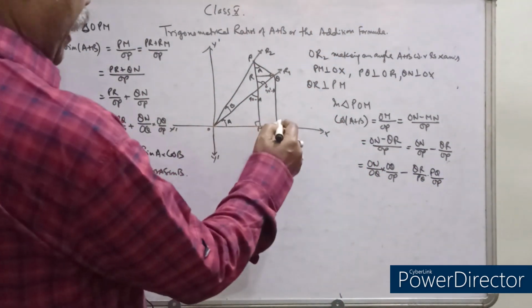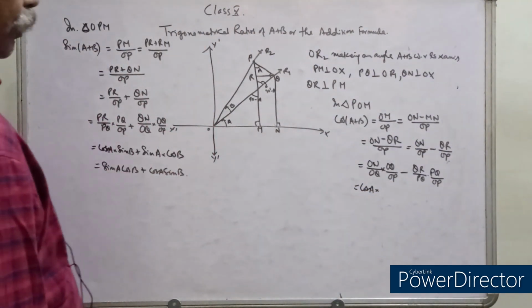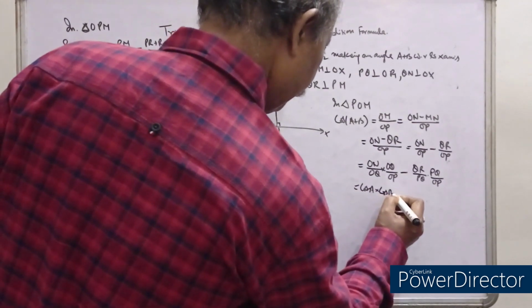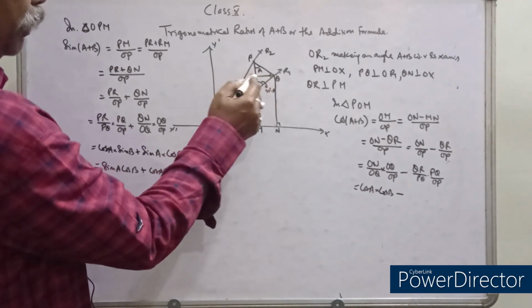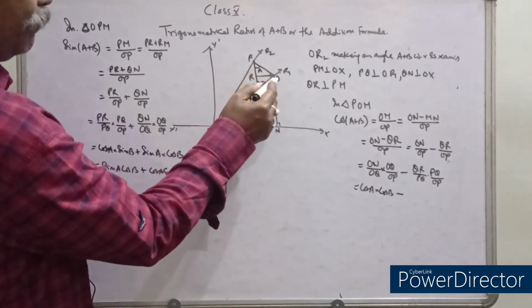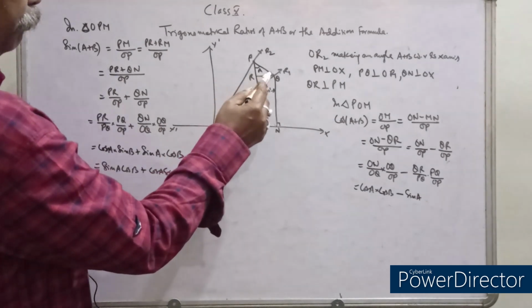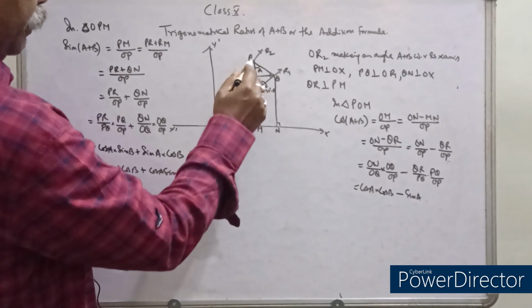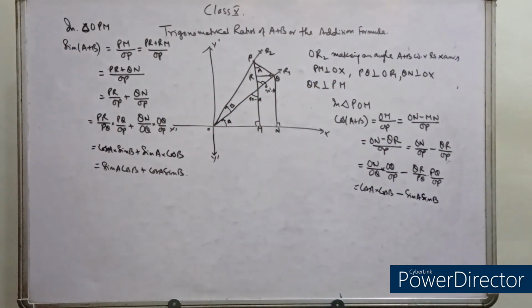Now ON by OQ, base by hypotenuse, is cos A. OQ by OP, base by hypotenuse, is again cos B. QR by PQ, perpendicular by hypotenuse in this triangle, is sine A, and PQ by OP, perpendicular by hypotenuse, is sine B. This is the formula for sine of A plus B and cos of A plus B.